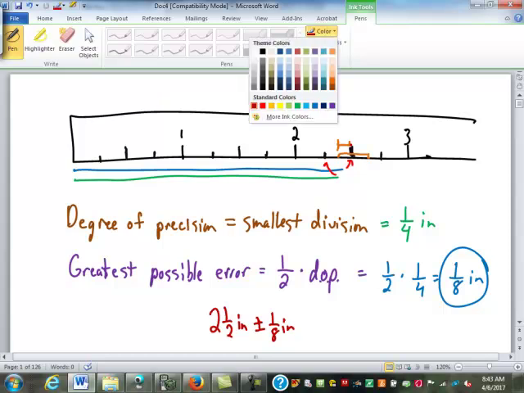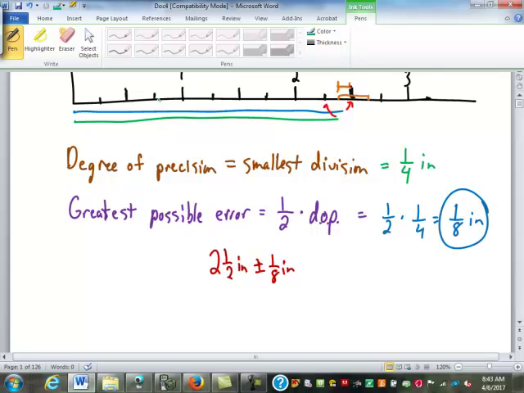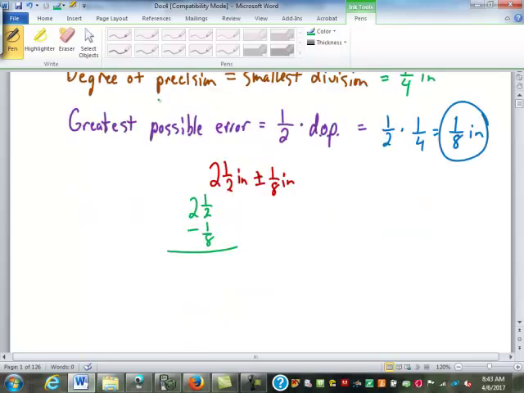So when I'm measuring that on this ruler and I say something measures 2.5 inches, that means it could be as small as 2.5 minus 1/8, or 2 3/8 inches, or as large as 2.5 plus 1/8, or 2 5/8 inches.